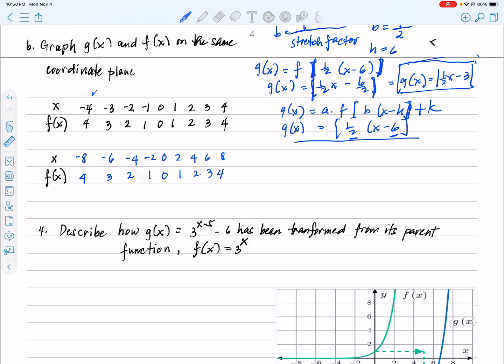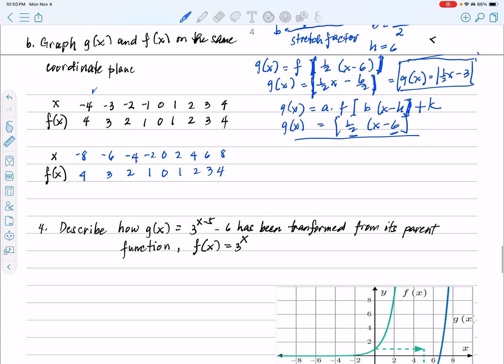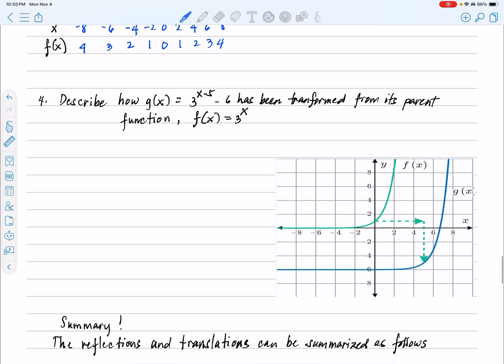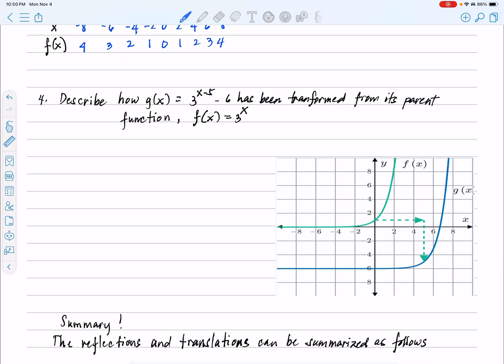Let's have this example. Describe how g of x is equal to 3 to the power of x minus 5 minus 6 has been transformed from the parent function. What kind of function do we have?